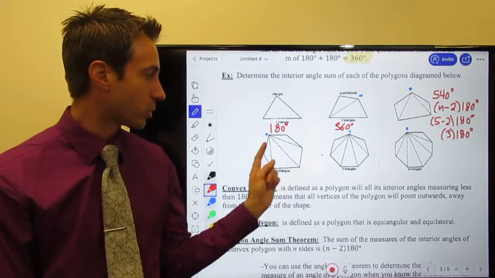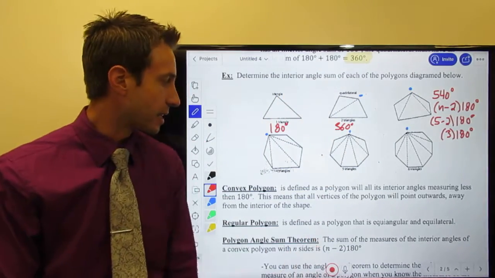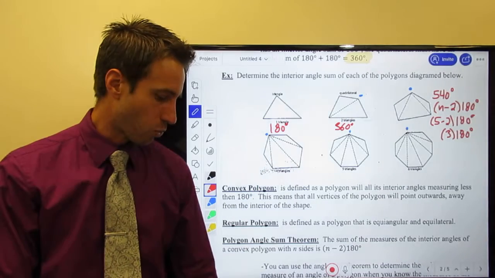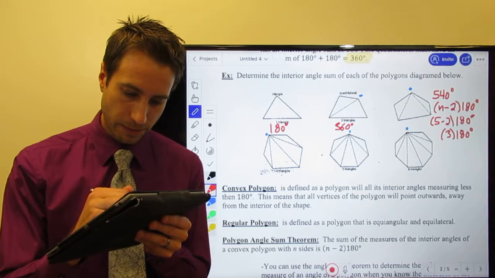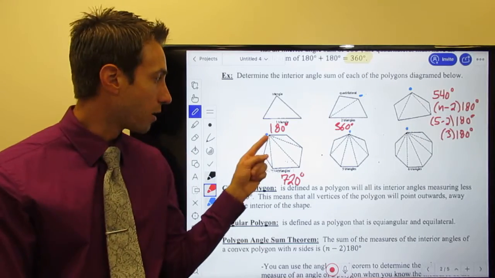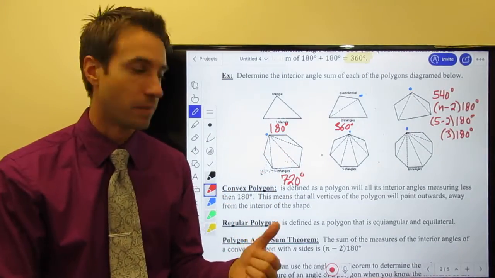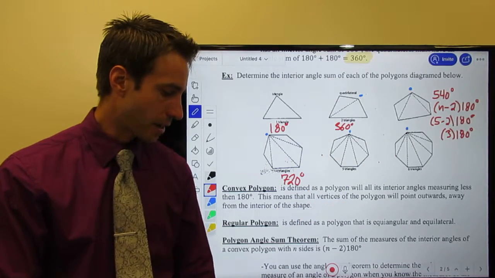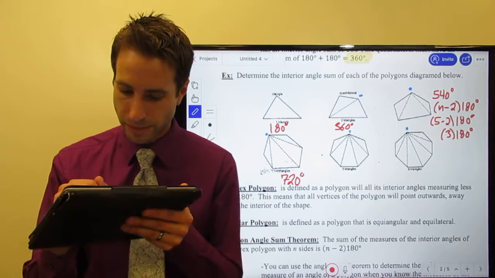Anyway, what we were doing was we were calculating the interior angle sum. Let's keep going. I have 4 triangles. So 4 times 180, I get 720 degrees. So all of the interior angles must sum to 720 degrees. Keep going. 5 triangles times 180, 900 degrees.